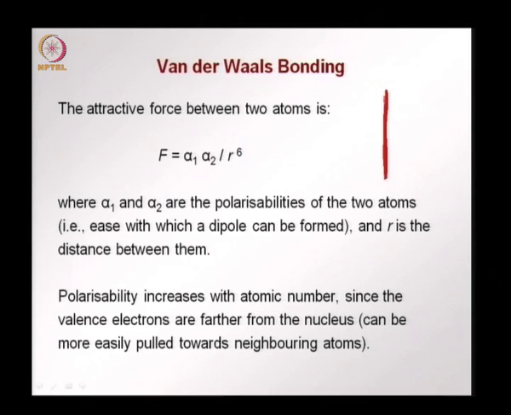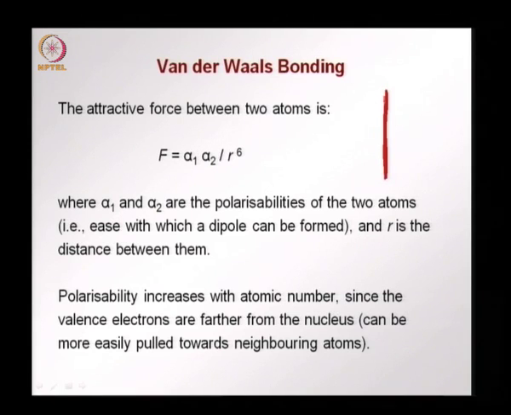And what we find is that as the distance between the atoms increases, the attractive force decreases by a power of 6. That is why it is called a very weak bond, because even a small increase in the distance between the atoms decreases the attractive force between the atoms very significantly.